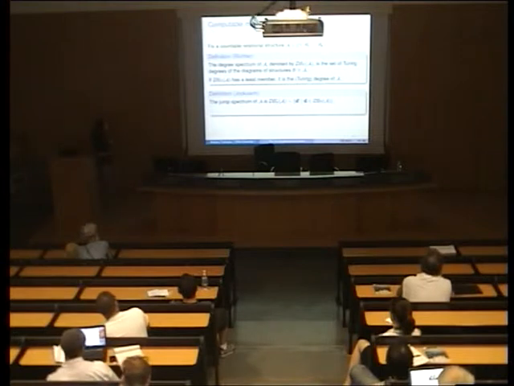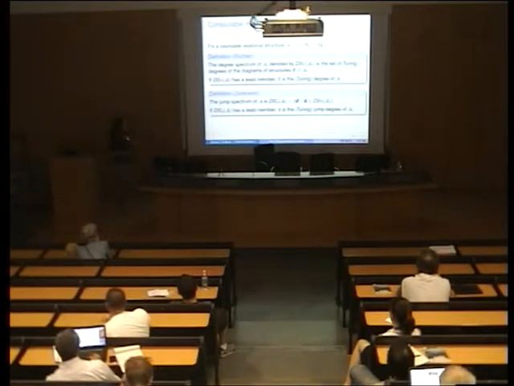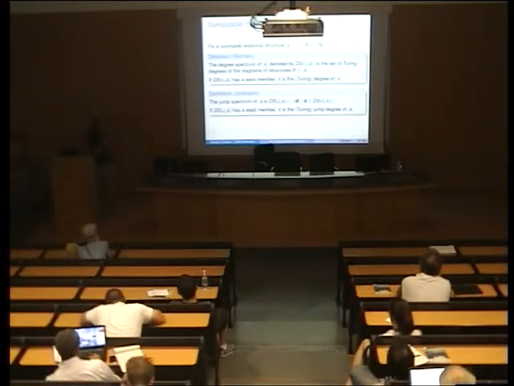So Jockusch suggested that for cases like this, one might look at the jump spectrum of A, consisting of the jumps of the elements of the degree spectrum. And maybe now this has a least element, in which case it will be called the jump degree of A. And of course, you can iterate this. You can consider the jumps of the elements of the degree spectrum, and so on, to get the second jump degree spectrum, and so on. But we'll stop at the first iteration of the jump.